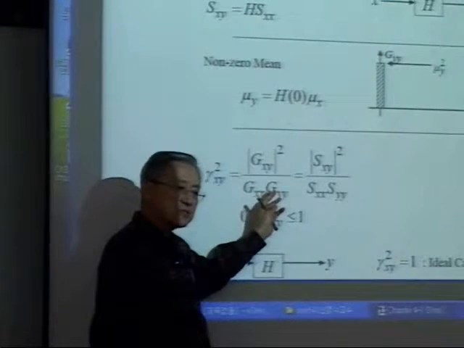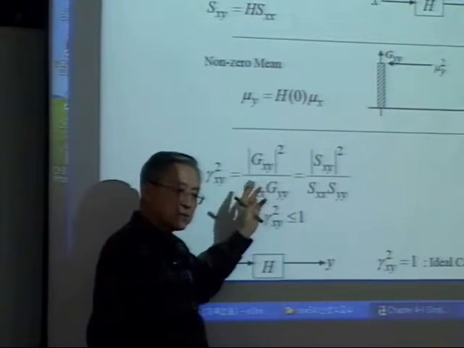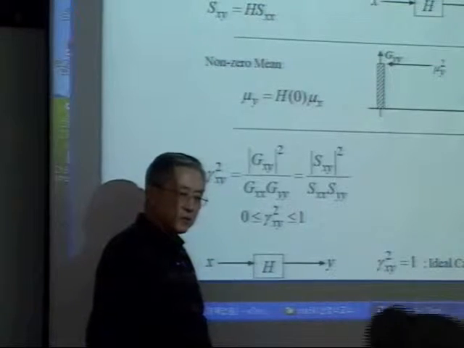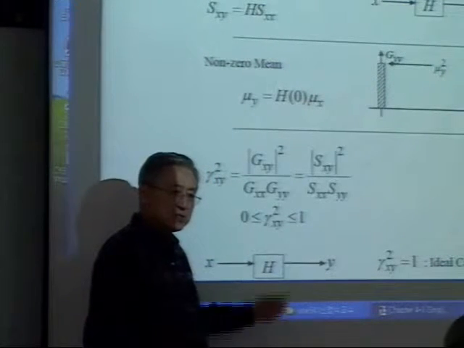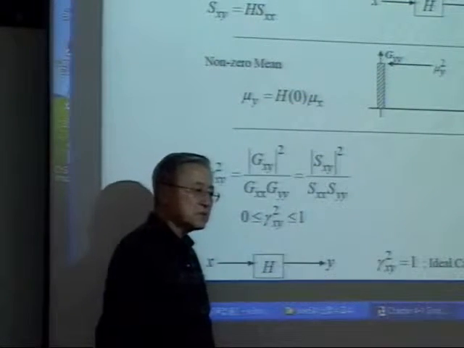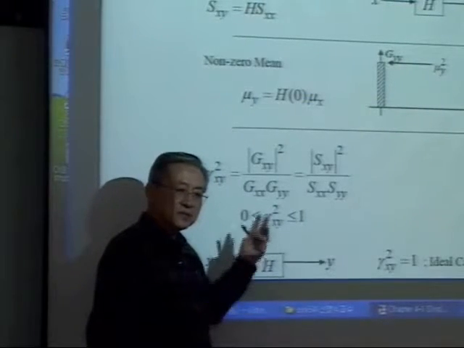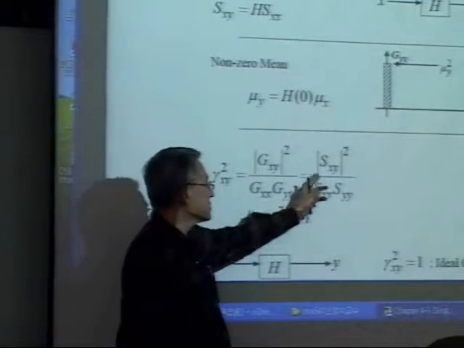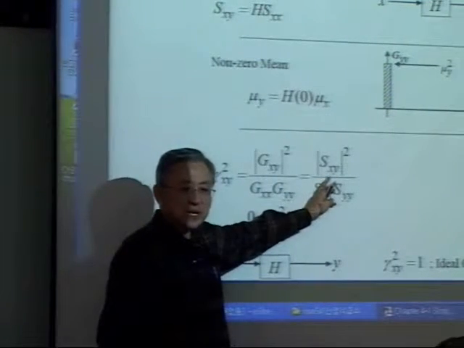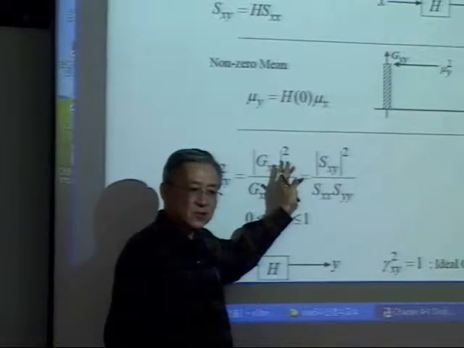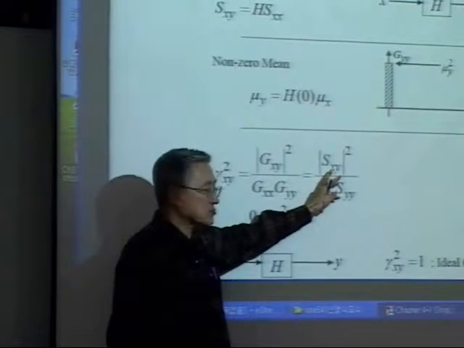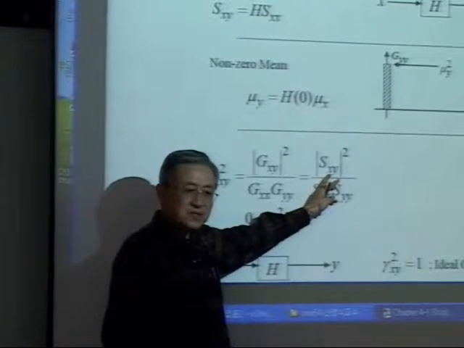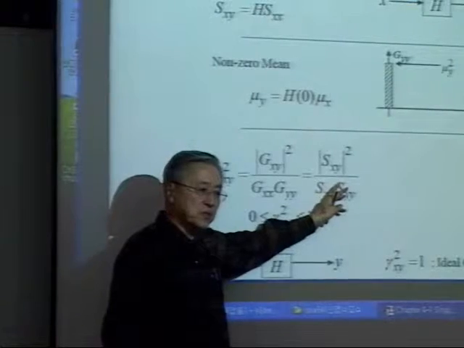Then gamma_xy squared is real, which is called the ordinary coherence function, which is a measure of noise contamination. I talked about this about 10 times. Or you can express it using S rather than G. G is one-sided, S is two-sided spectra, so a factor of 2 is involved.